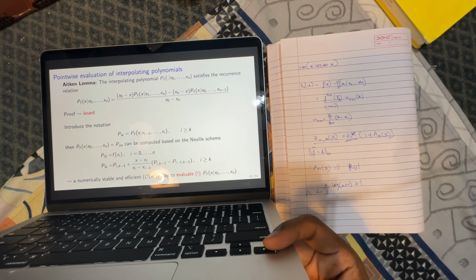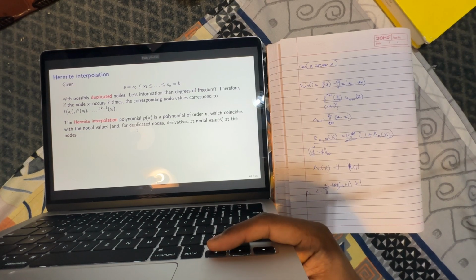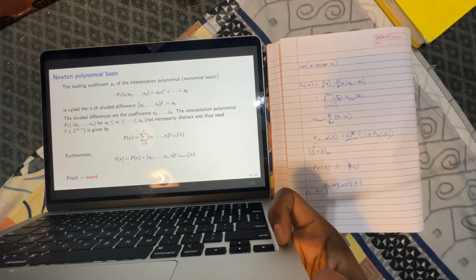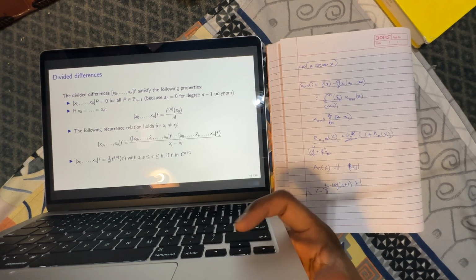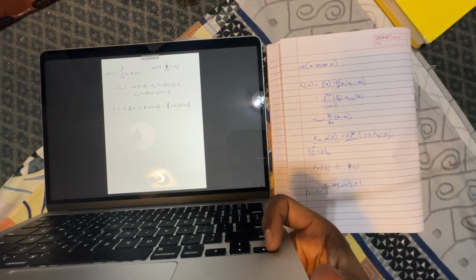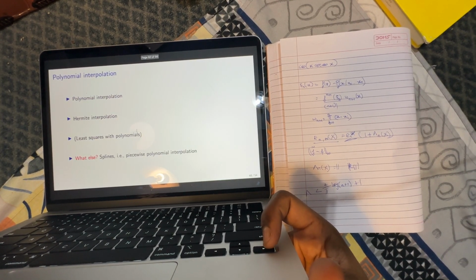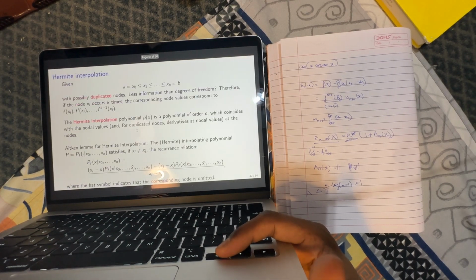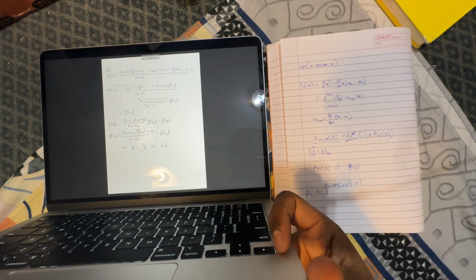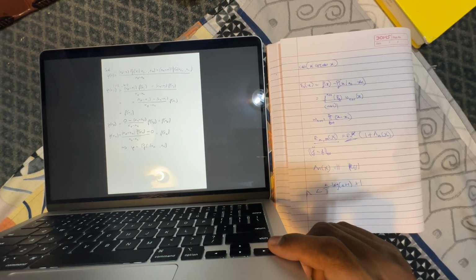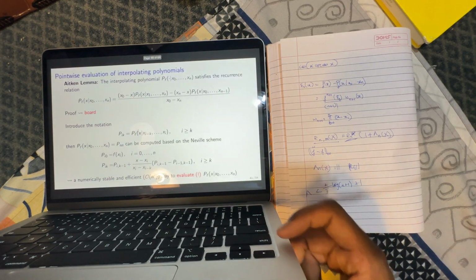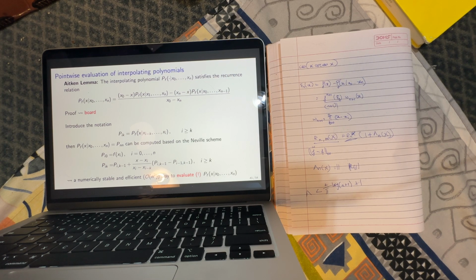Pointwise evaluation of interpolating polynomials. The interpolating polynomial satisfies the recurrence relation.